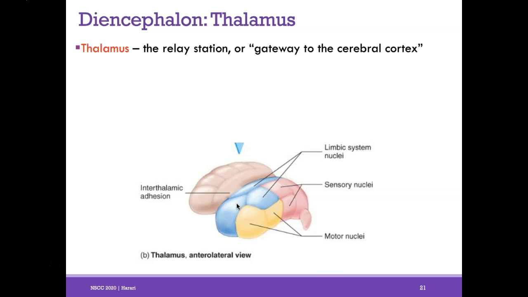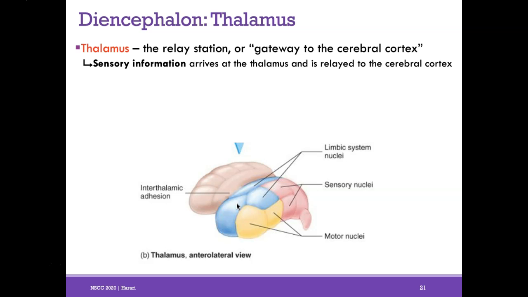The thalamus is the relay station, or the gateway to the cerebral cortex. What the thalamus does is it takes any sensory information and relays it to the right place of the cerebral cortex. It's almost like the Golgi apparatus in a way. It takes the information and sorts it to where it needs to go within the cerebral cortex.